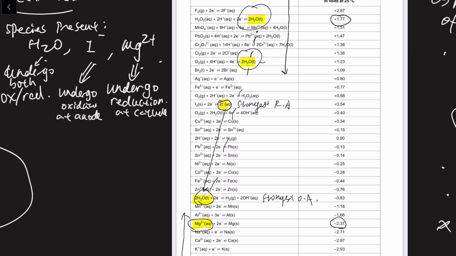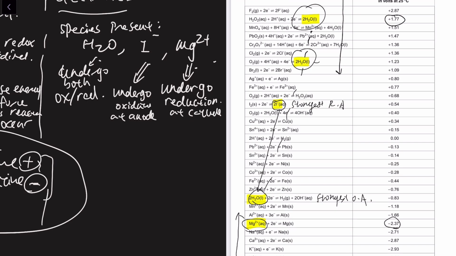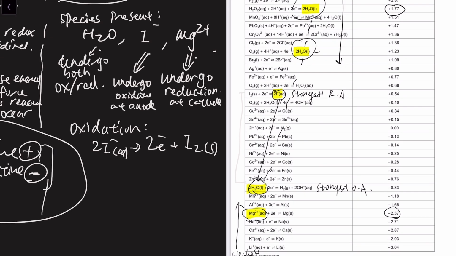So with this information, we can write down the oxidation reaction. It is always the easiest reaction for us to do. And this is the oxidation. Reduction is the reduction of water.